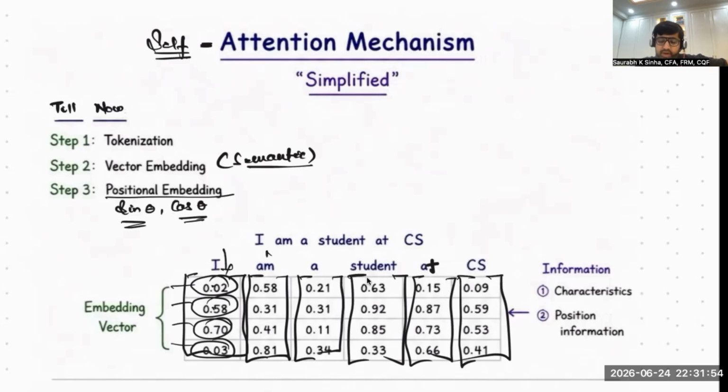Each vector for each token has the semantic information, the characteristics, because it is a vector embedding. And it has the information of position, because if you remember, we added sine theta and cos theta to each vector in the positional embedding. So it has information of characteristics and important information of position.